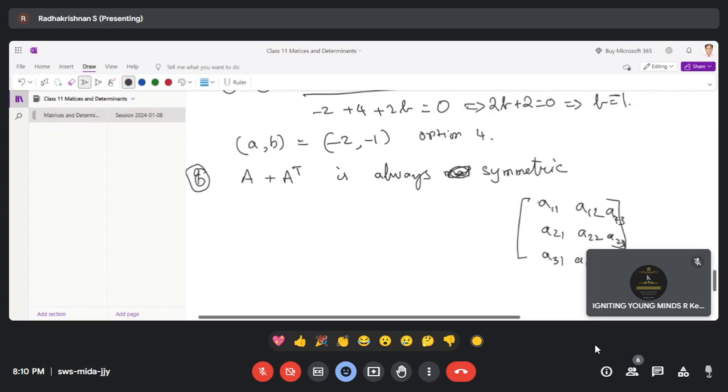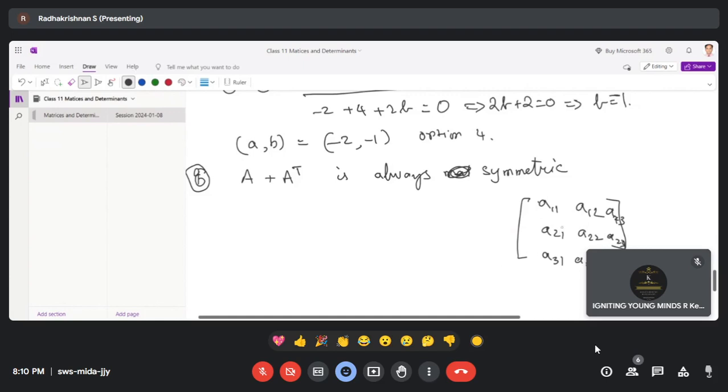Symmetric means, okay, it should be the mirror image. Who's saying? A equals A transpose. So a matrix should be symmetric if A transpose equals A. Okay.